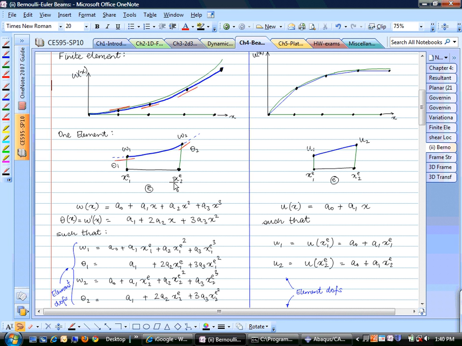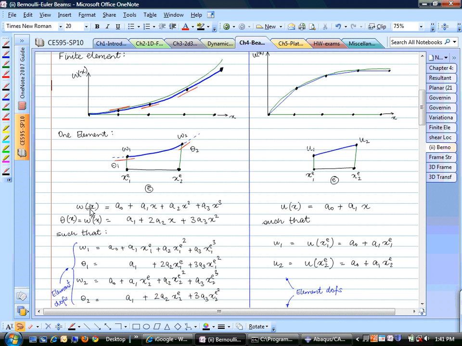And the conditions would be that since there are 4 parameters, the least order shape function that we would need is cubic. So A0, A1, A2, A3. A general cubic function. And for its derivative, for Bernoulli-Euler beams, we know that theta is equal to W prime. There's no shear displacement. So you just take the derivative of this, that's right here.